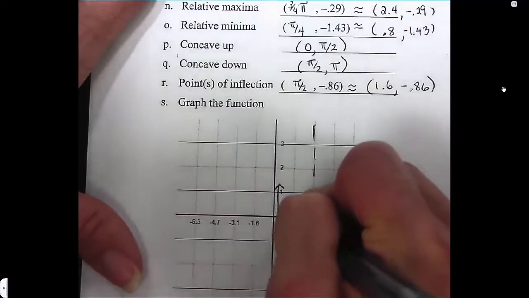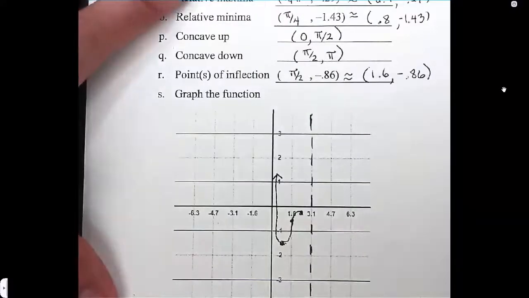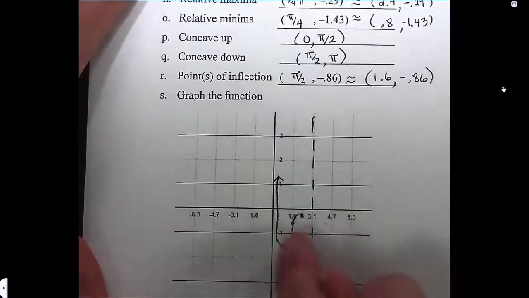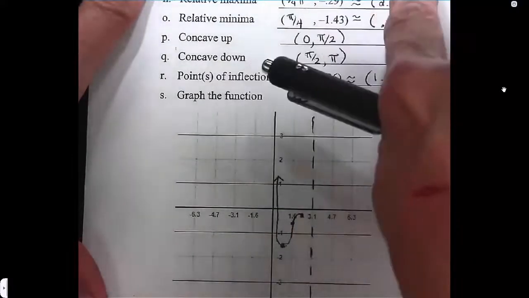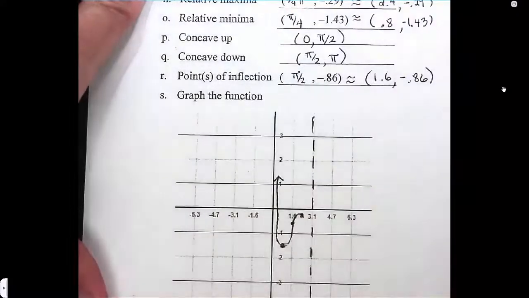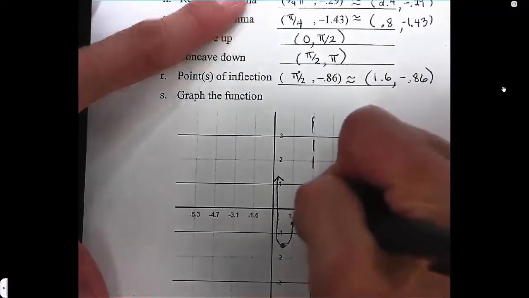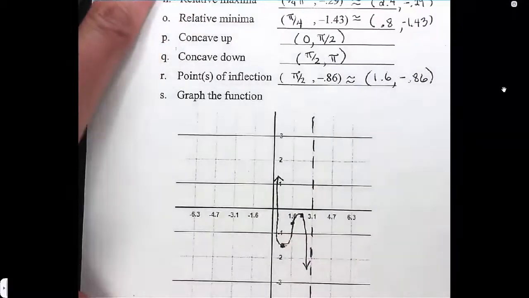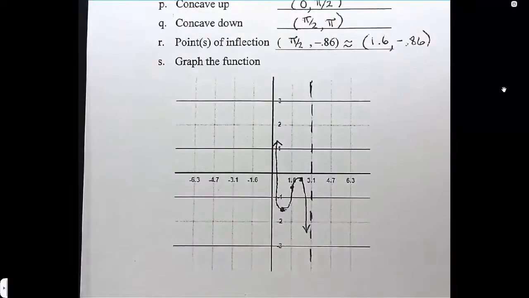Increasing but concave down. And then from 2.4 to pi, not including pi, the graph should be decreasing and concave down, approaching that vertical asymptote.